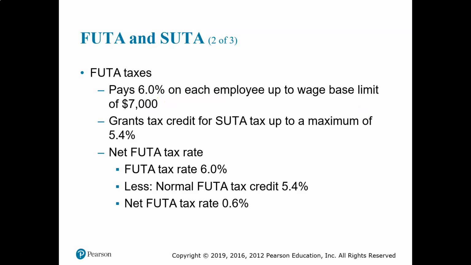Did I do that right? No, I don't think I did. So it would be 7,000, sorry, 7,000 times 0.06. So 420. Everybody has to pay 420 in FUTA taxes. Grant tax credit for SUTA tax up to a maximum of 5.4%.